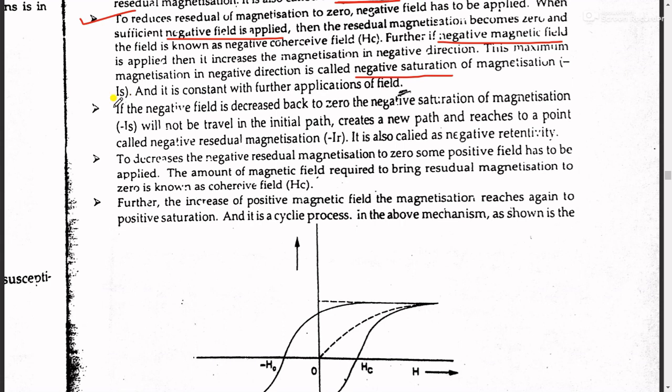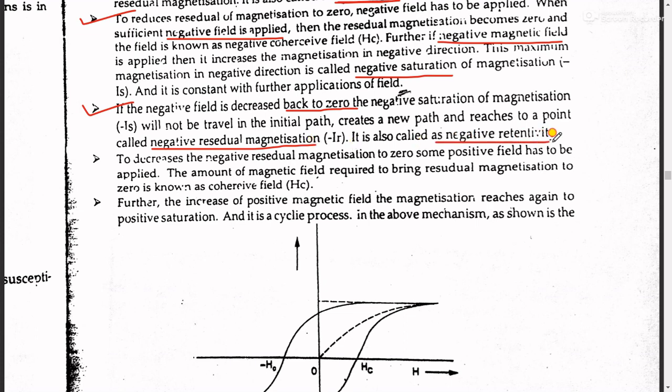Next, if the negative field is decreased back to zero, the magnetization will not travel in the initial path, it creates a new path and reaches a point called the negative residual magnetization, also called negative retentivity.